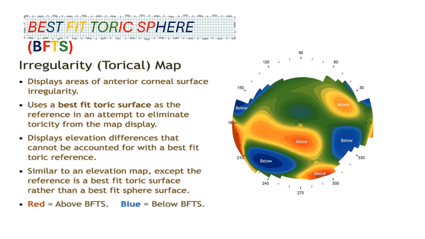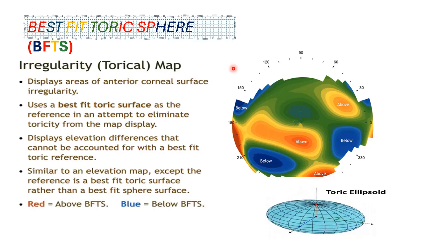The second type of the fit sphere that we use to compare in the presence of irregular cornea is what's known as the best fit toric sphere, or best fit toric ellipsoid. And this is useful in the presence of highly irregular corneas like in keratoconus and also in post-keratoplasty or post-LASIK ectasias. So the same principle of the best fit sphere, and the different areas, as you can see here.